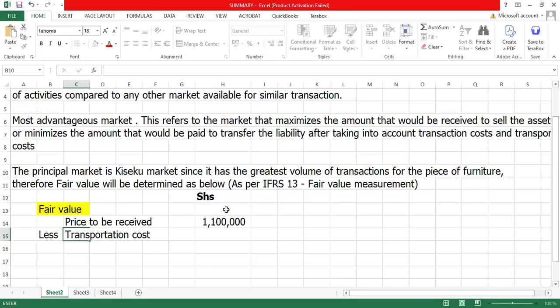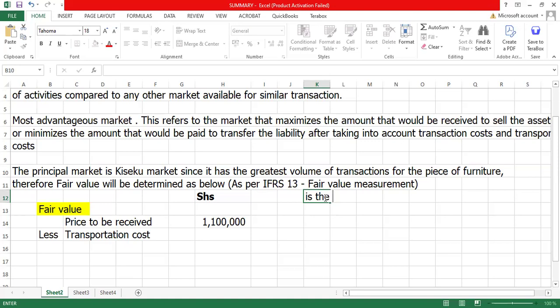Remember the fair value. When I was explaining this fair value at the start, always know that fair value is the price you would receive to sell an asset or paid to transfer a liability in an orderly transaction between market participants at the measurement date. But as you get that fair value, you must less the transportation cost.